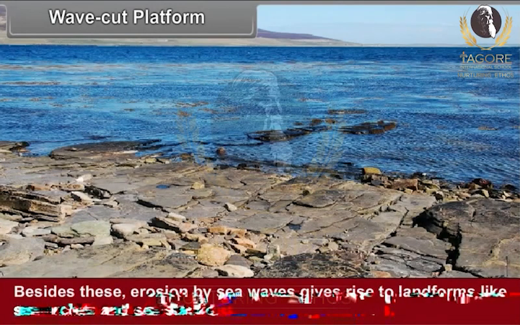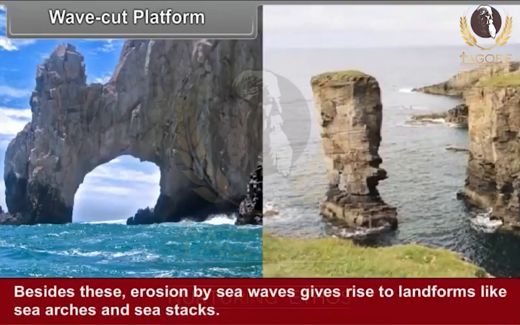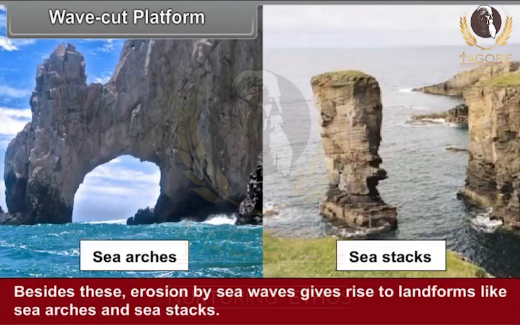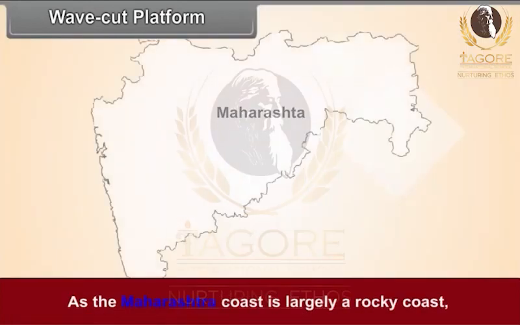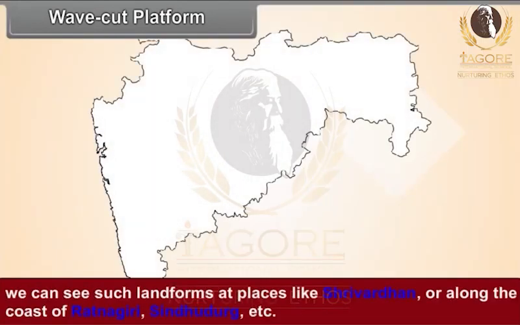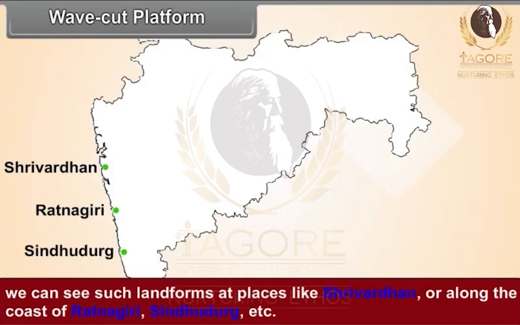Besides these, erosion by sea waves gives rise to landforms like sea arches and sea stacks. As the Maharashtra coast is largely a rocky coast, we can see such landforms at places like Srivardhan or along the coast of Ratnagiri, Sindhudurg, etc.